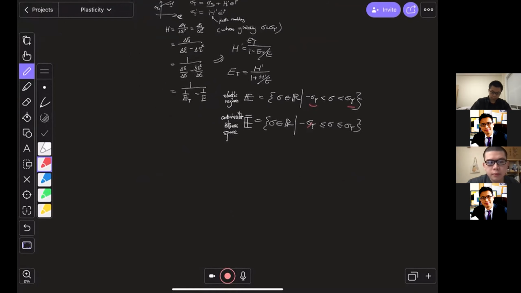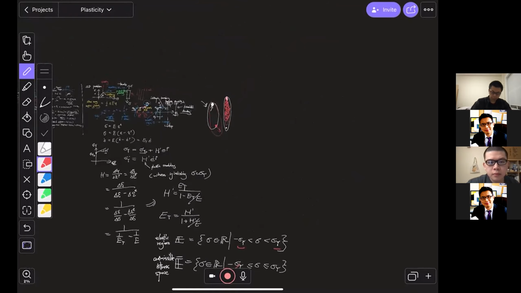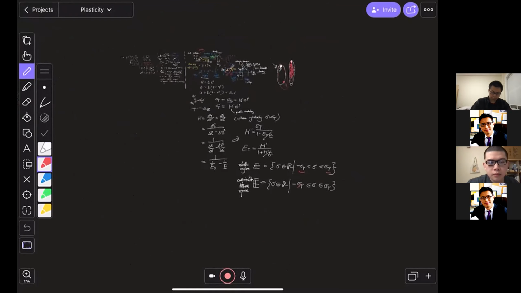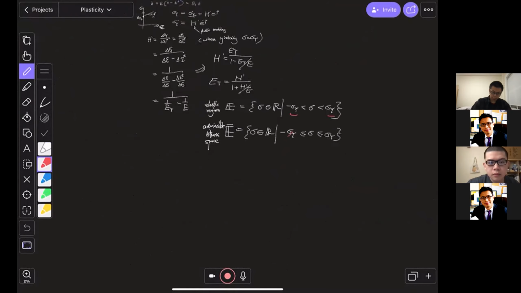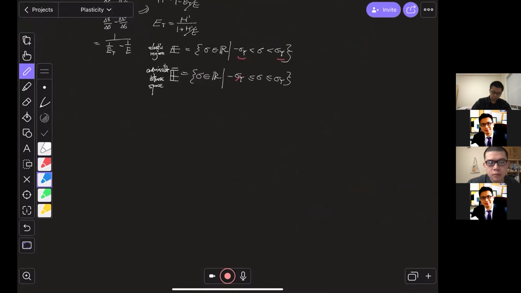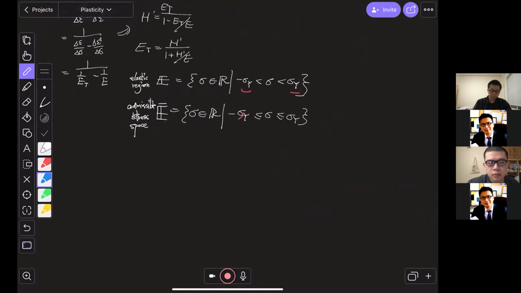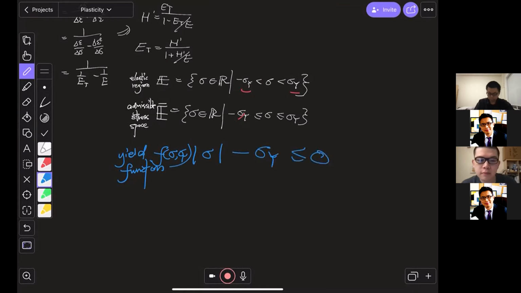Now the yield functions. So another important concept here is the yield function. In 1D, the yield function is simply a function of stress and the yielding stress, and that would be equal to, for example, the absolute value of sigma minus sigma y smaller or equal to 0.